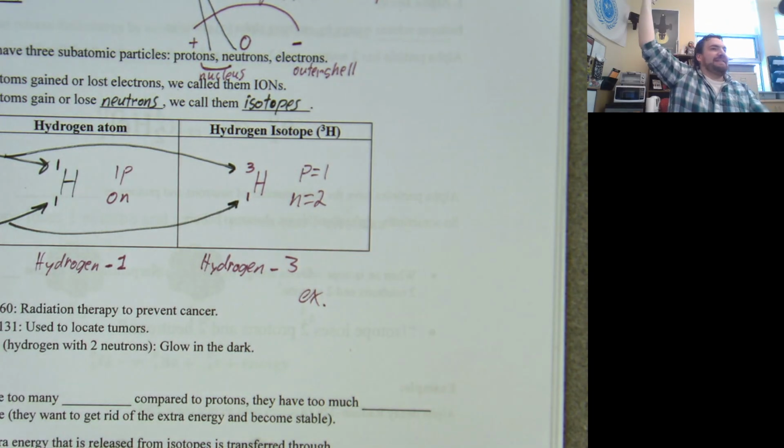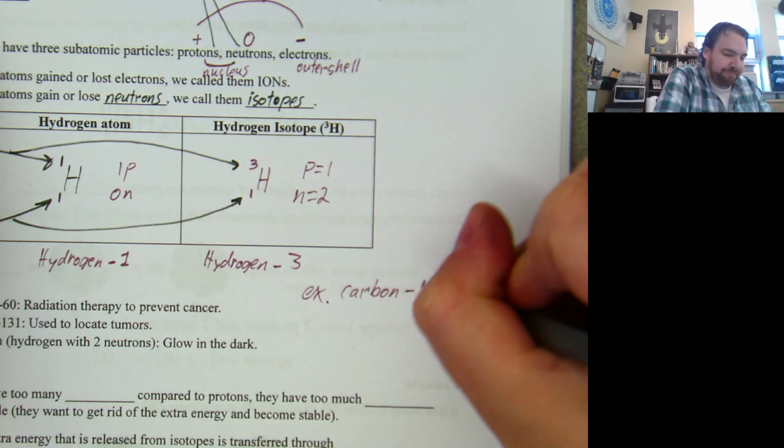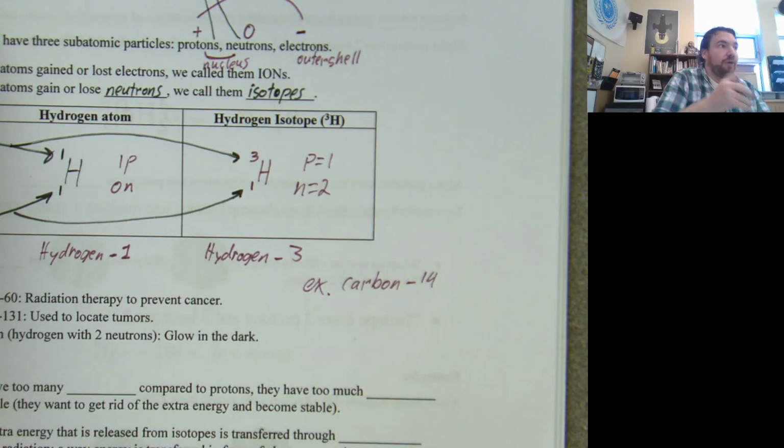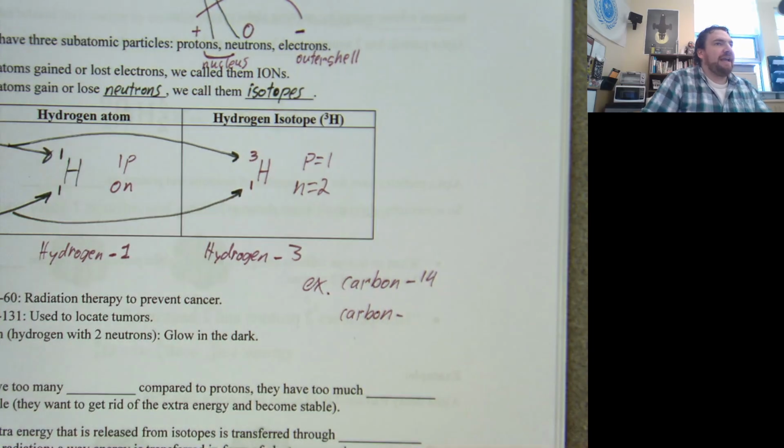Hands up if you ever heard of carbon dating, like radioactive dating. Okay, carbon dating. What carbon dating is looking for is something called carbon-14. If you go and look at your standard carbon sample, it will have a mix of different isotopes.